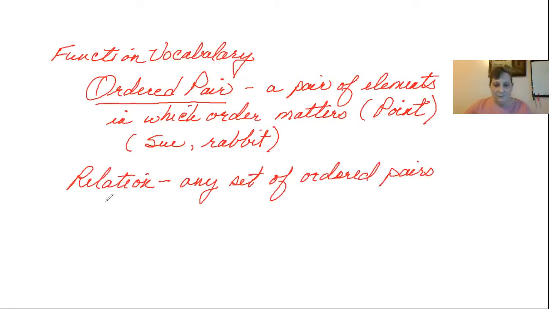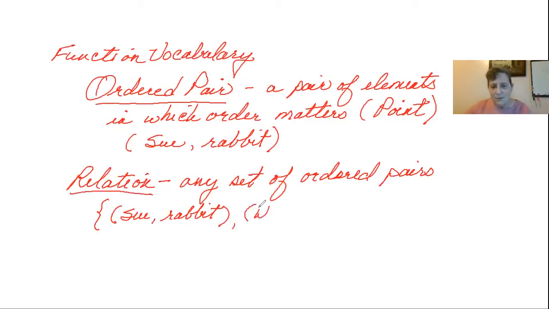A relation. A relation is nothing but a set of ordered pairs. We usually put set brackets around it. And so we could take this first ordered pair, Sue and Rabbit, and it can be one point, but it wouldn't be very interesting.